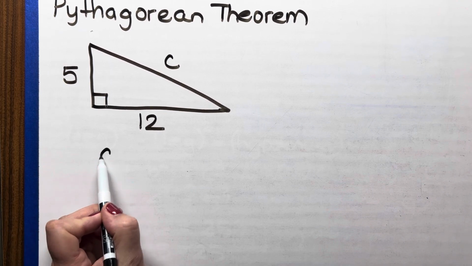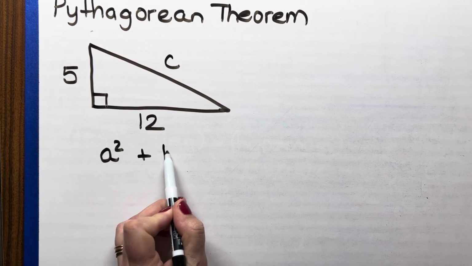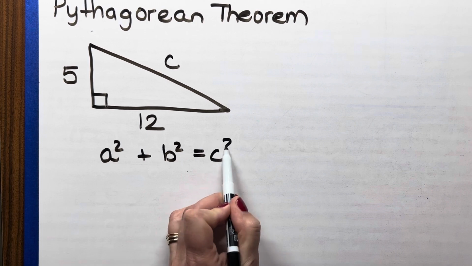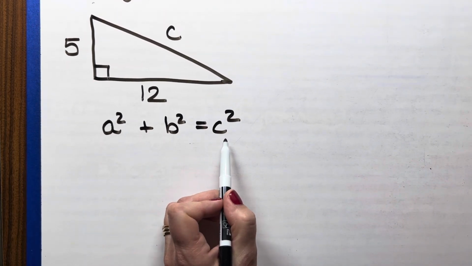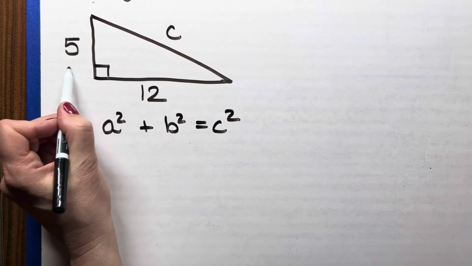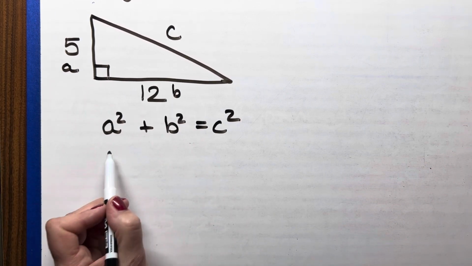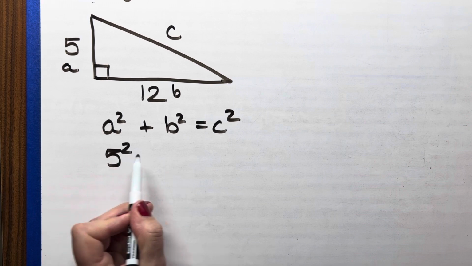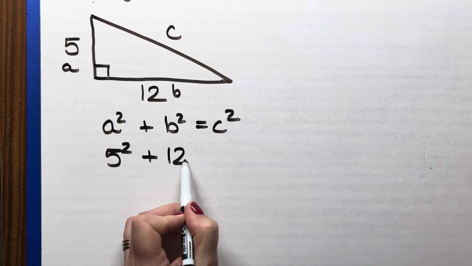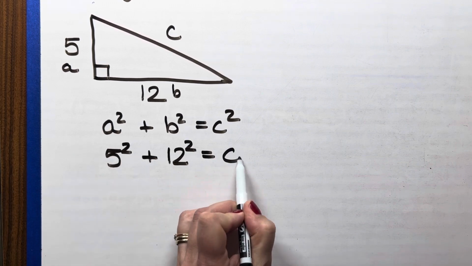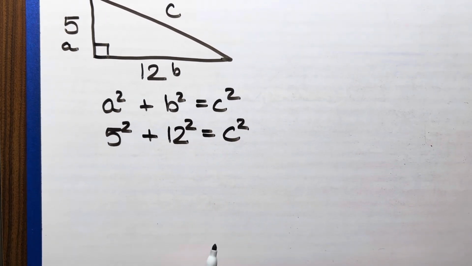We're going to plug into our formula. I'll rewrite that, and we are going to solve for the c. So I'm going to let the a be the 5, and I'll let the b equal 12. So I will have 5 squared plus 12 squared, and that's going to equal my c squared.